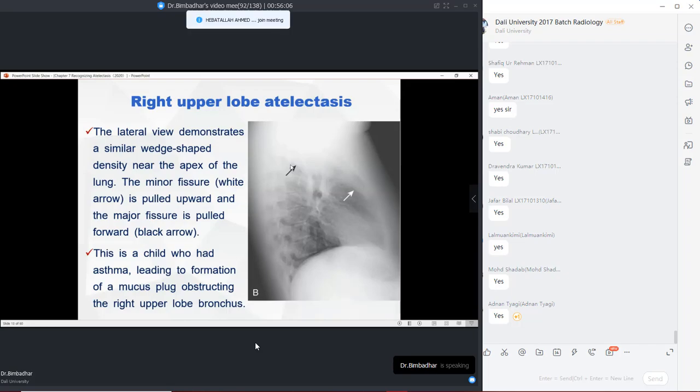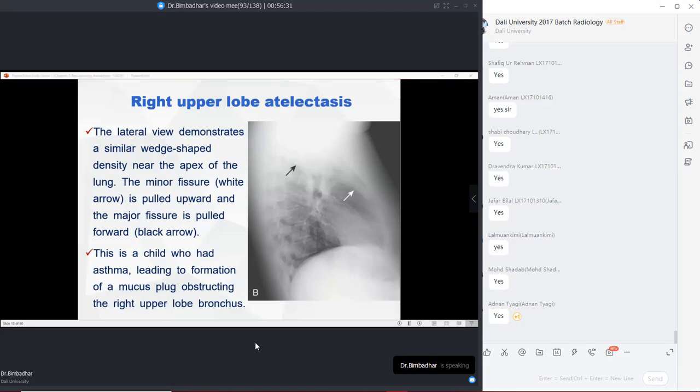Major fissure divides the upper lobe and the lower lobe. So that's the reason the major fissure will be pulled forward, and the minor fissure will be pulled upward.